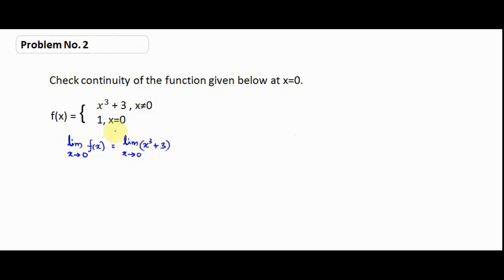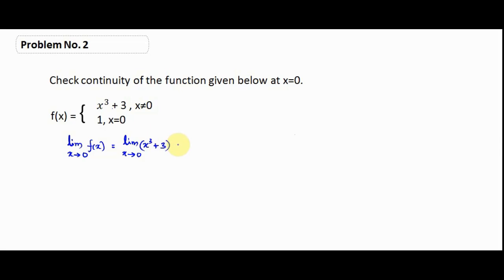For all values other than x equal to 0, the function is defined as x cube plus 3. So f of x will be equal to x cube plus 3 for x tends to 0 plus as well as x tends to 0 minus. So we need not find out the limits separately. We can straight away find the limit at the point x equal to 0 by substituting f of x equal to x cube plus 3.